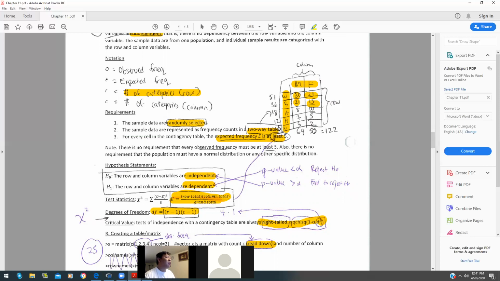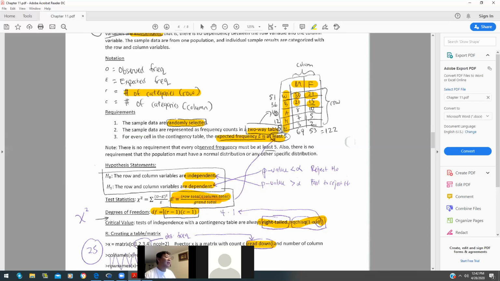This is what we call your column total. Then you add across, 30 plus 21, this is 51, and then you add across. All this is what we call your row total. Then you add these two up, which is 122, or if you add all this up, it's also 122. That is your grand total.